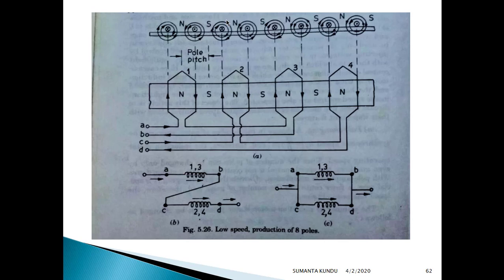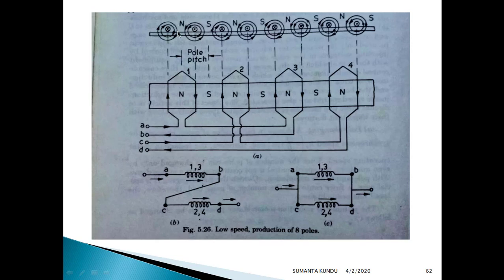Now if we see this stator winding arrangement, the current is entering at A and going into coil number 3, and it is returning through B, and for coil number 2 and 4 it is entering through C, going to coil number 4 and returning through D. So current is going upward, so it is cross current, and here the direction is downward, so dot current.